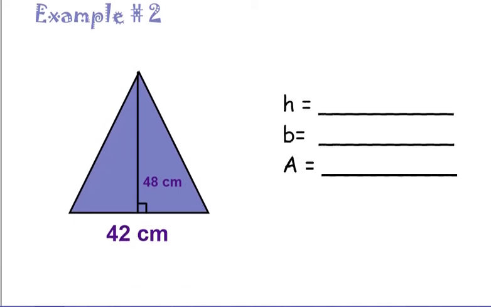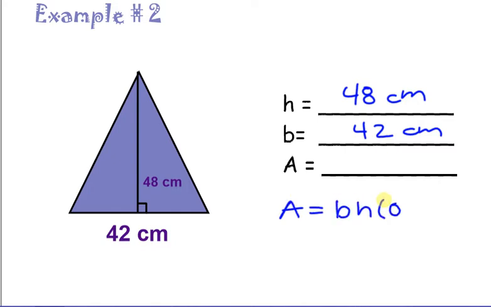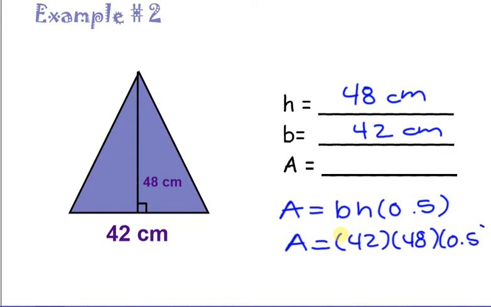Okay, so let's look at example number 2. So our height, again, tallest point to lowest point, is going to be 48 centimeters. Across the base is going to be 42 centimeters. And now my area. Again, you always write the formula. Area equals base times height times 0.5. So area equals 42 times 48 times 0.5.